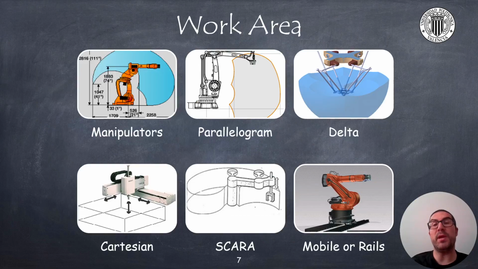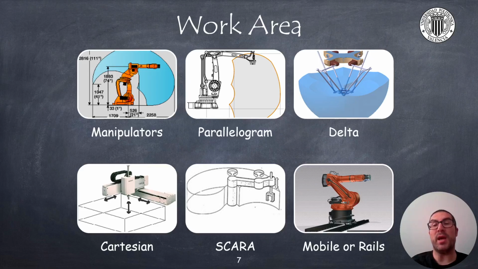Here I show typical work areas for the most common robot types. The work area is a very important aspect to consider that will help us to select the correct robot. The larger the work area, the greater the number of applications for which that robot can be used. Manipulator robots have a typical work area like the one shown in the figure, being able to work behind the robot, while parallelogram robots have a smaller work area for similar dimensions.